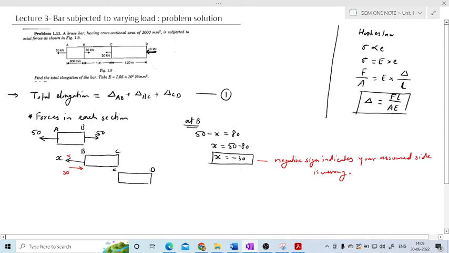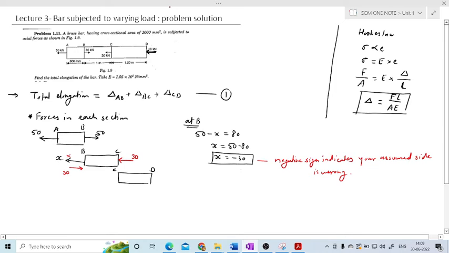So you have to keep this in mind: the side that you selected, towards left, is not towards left, it is on right. Now write equal and opposite to this force. Opposite means it will come in this direction and the value will be 30. So we got the force in section BC.